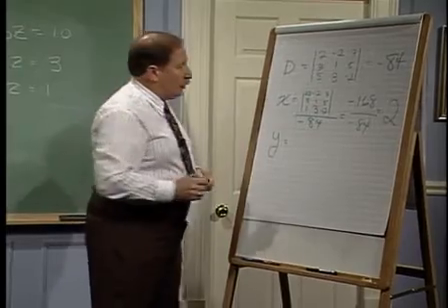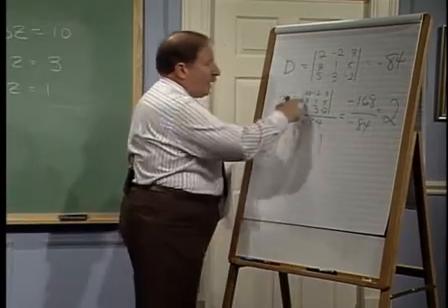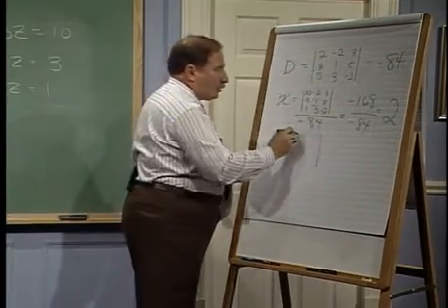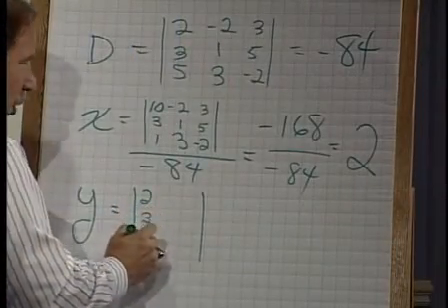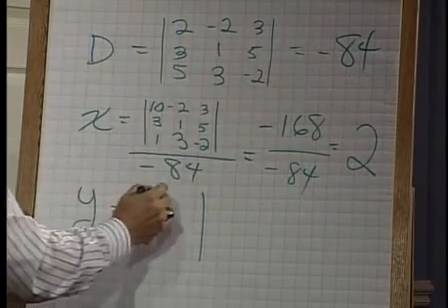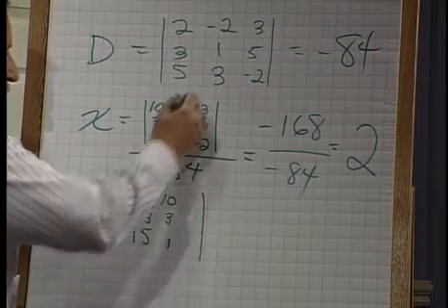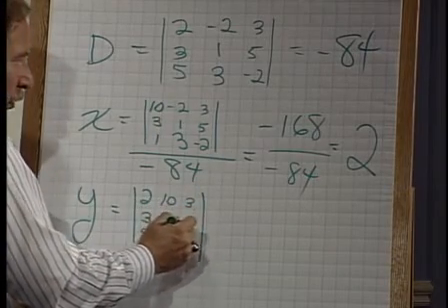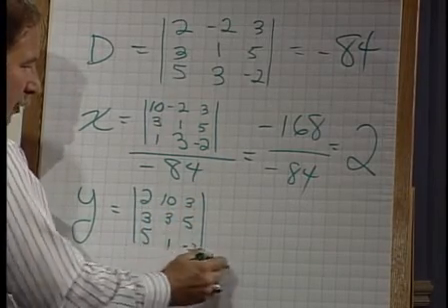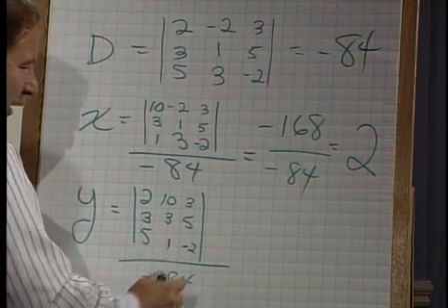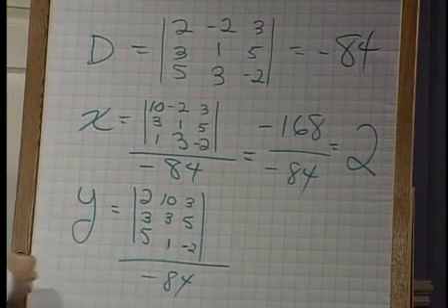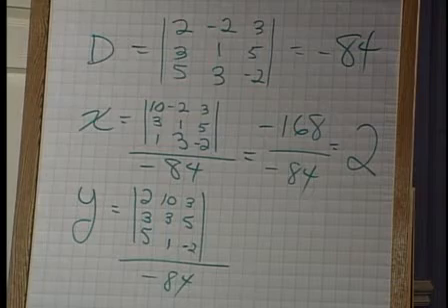How about y? In y, we're going to do the same thing. We're going to take this, and now we're going to put our x coefficients back, replace our y coefficients with 10, 3, 1, leave our z coefficients alone, that's a negative 2, and divide by big D, which is negative 84. Okay?